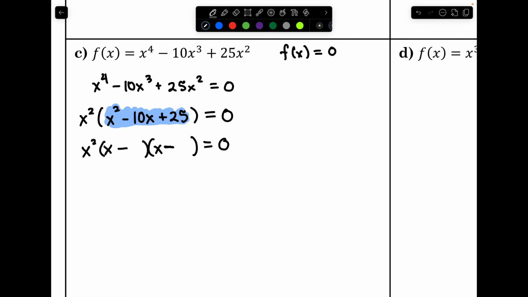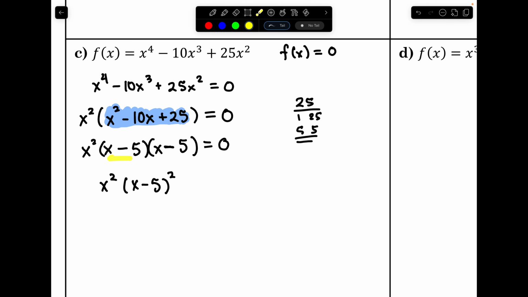So we're looking for factors of 25 that are going to add up to negative 10. So 1 and 25, 5 and 5. So 5 and 5 is the set that we're going to use here. Now, because these 2 factors are identical, I can write x minus 5 times x minus 5 as x minus 5 to the second power.